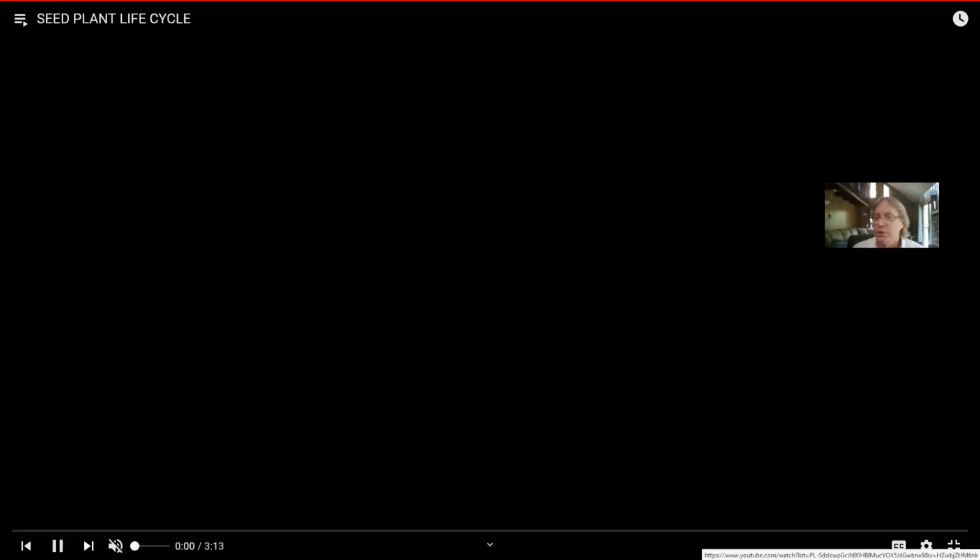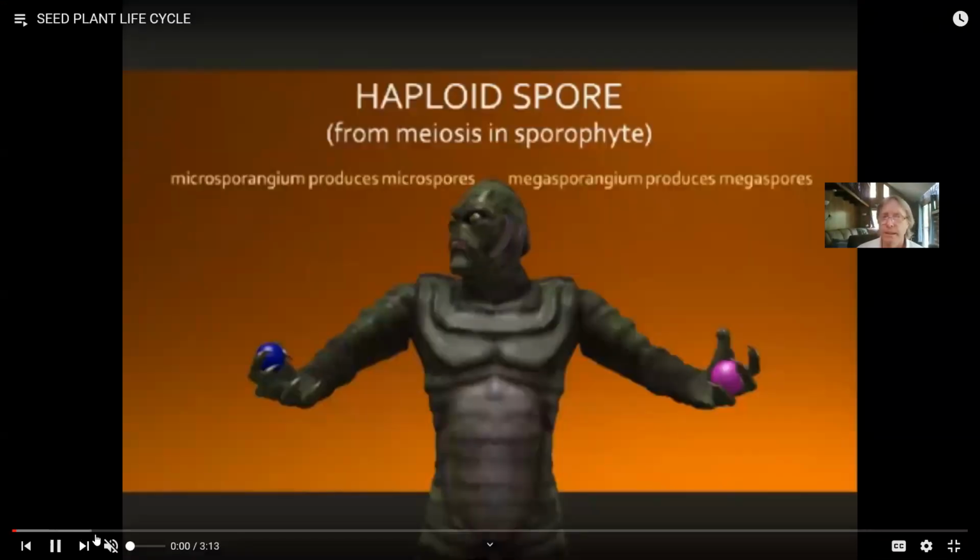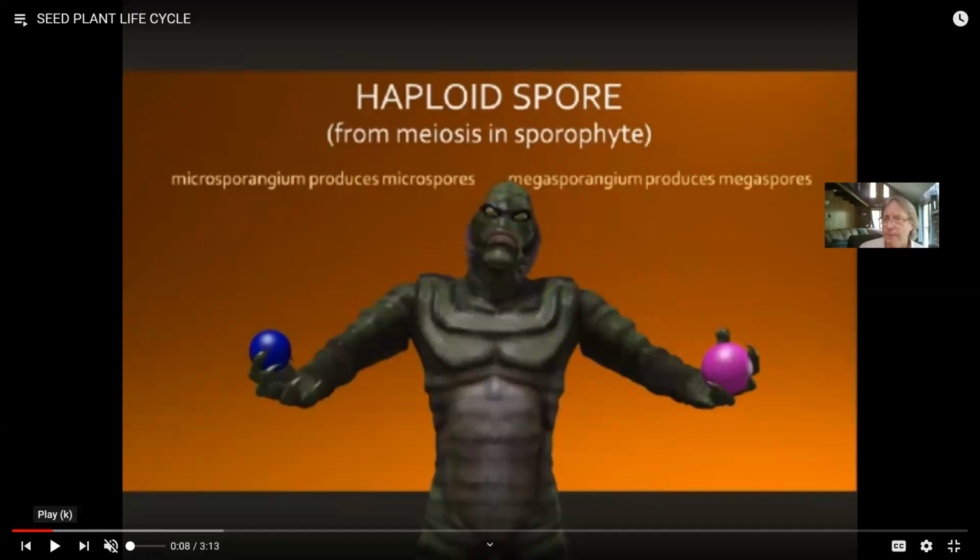Then when seed plants evolved, there was a switch where the gametophyte was no longer free living. So the gametophyte is going to be produced inside the sporophyte rather than being its own separate structure. And so a haploid spore will develop, but there are now two different kinds of haploid spores.